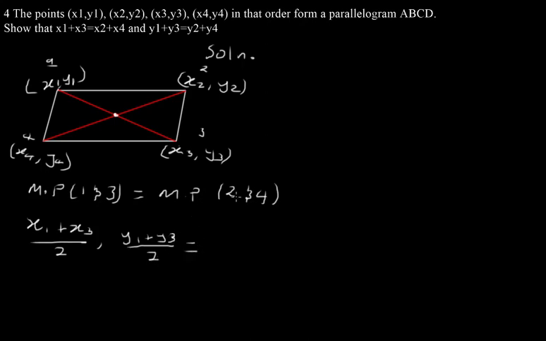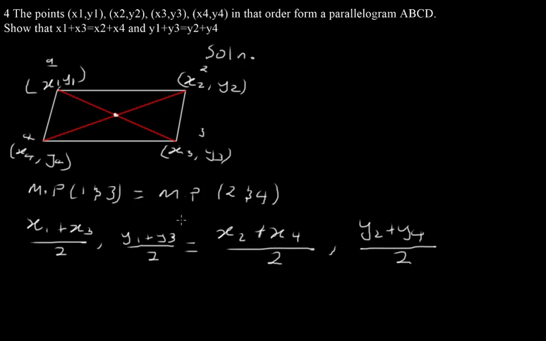And this is equal to the midpoint between 2 and 4, which is (x2 plus x4 over 2, y2 plus y4 over 2).